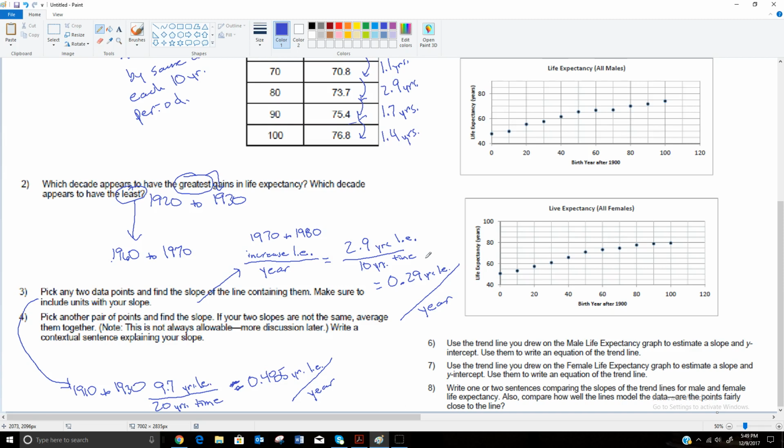So 0.485 plus 0.29, and then if we average that, we get 0.3875. So the average between these is 0.3875.